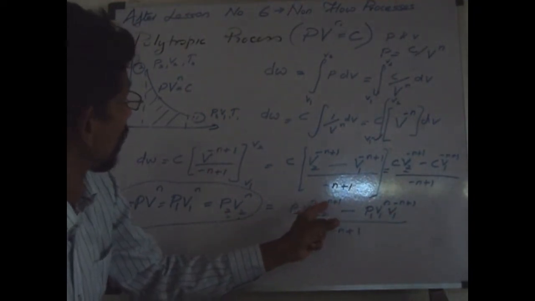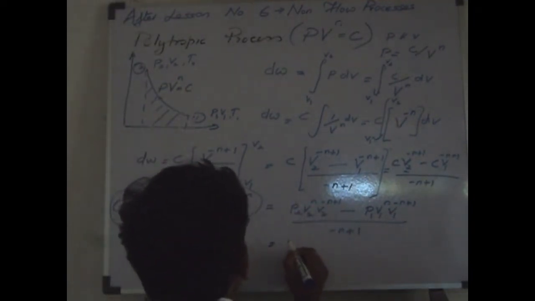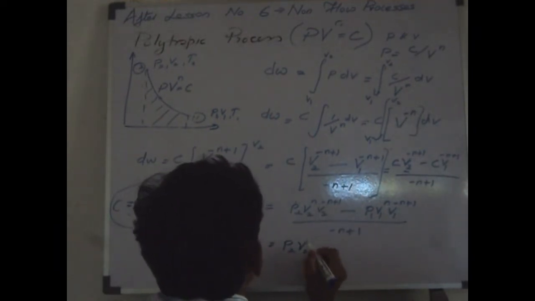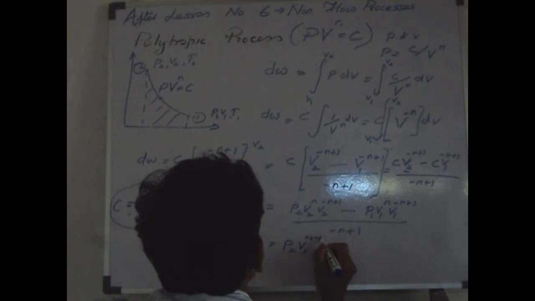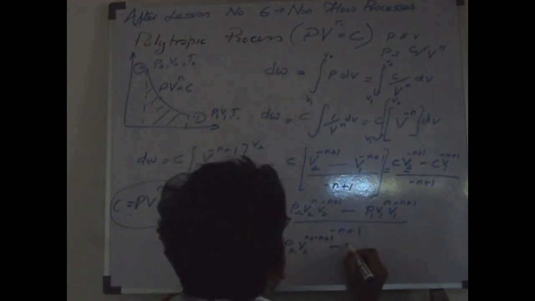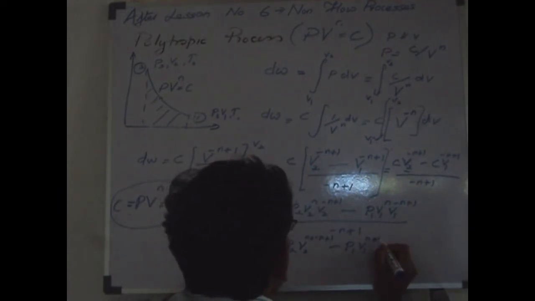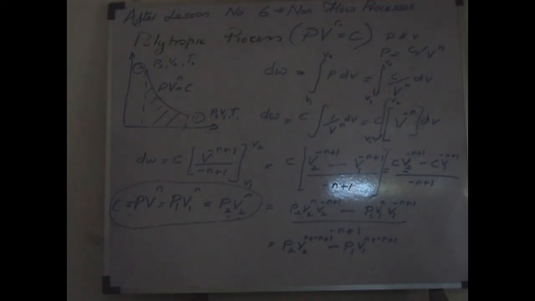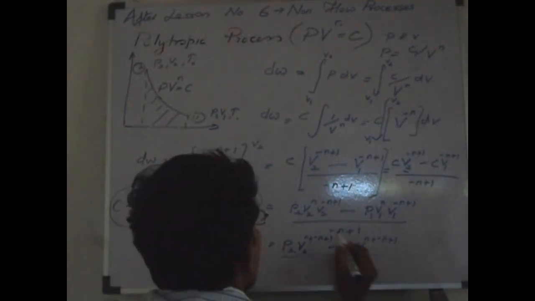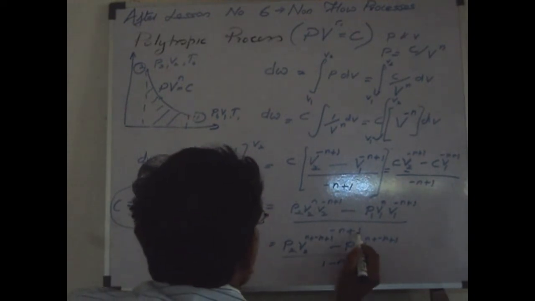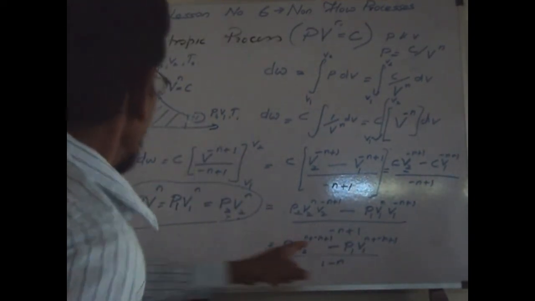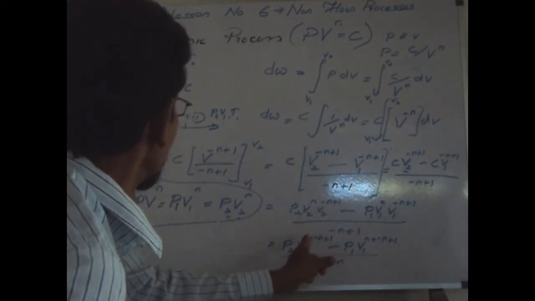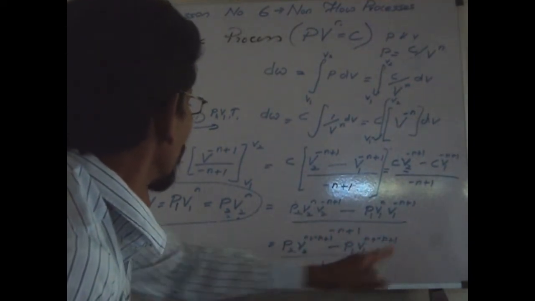Here n minus n plus 1 everything cancels out, only 1 is remaining.